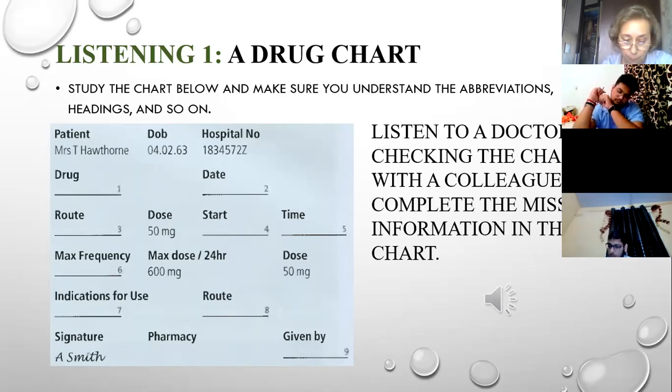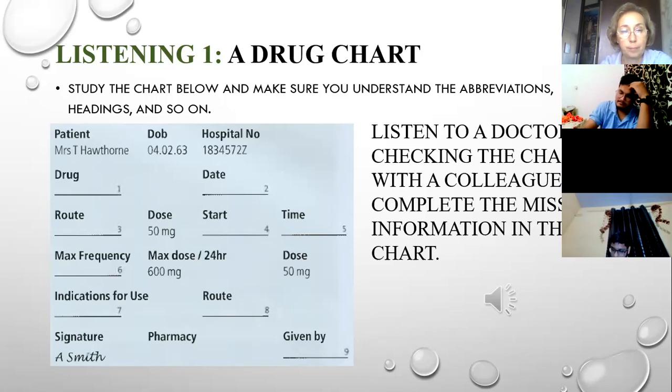Let's see now. Mrs. T. Hawthorne, date of birth 4th February 1963, hospital number 1834572Z.